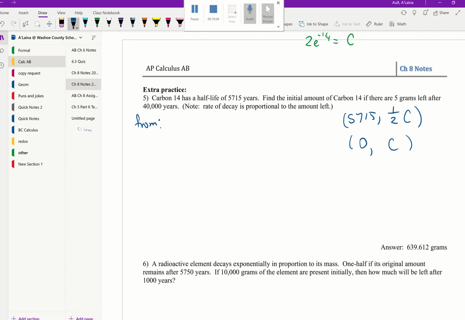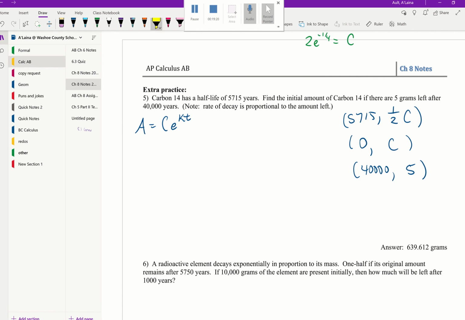Okay, and if there are 5 grams left after 40,000 years, just be careful to make the time the input variable. And so if I use my equation, my amount here is equal to C times e to the power of kt.